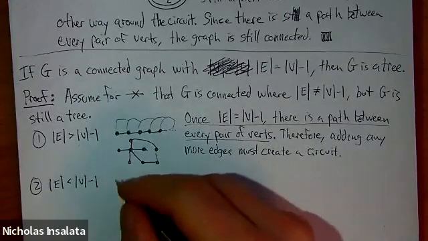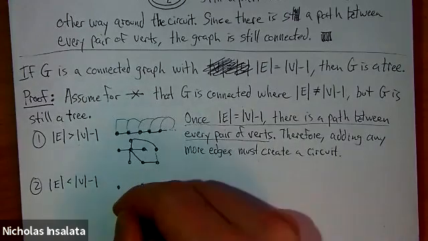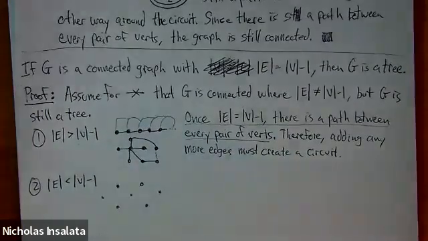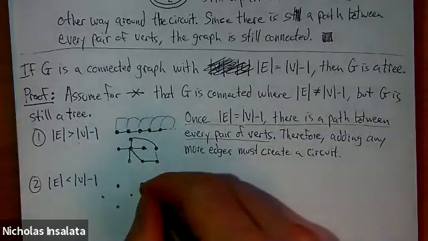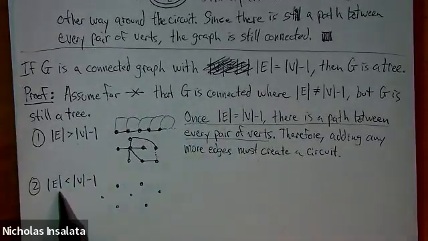Let's say we have a bunch of vertices, 7 of them, and we want to add a number of edges that's less than 6. If we add 6 edges, of course, then we can make a tree, and that's fine. But we want to add less than 6 of them.